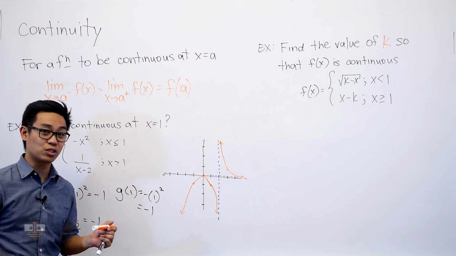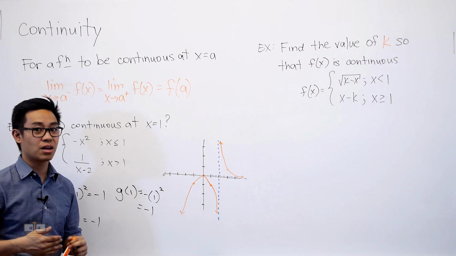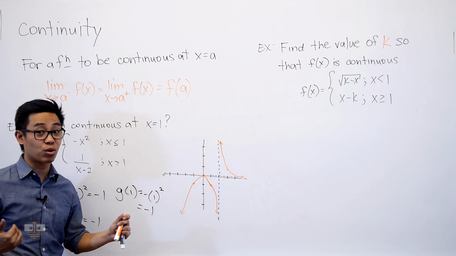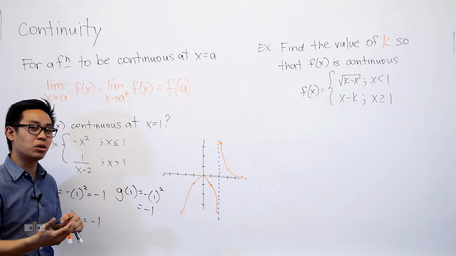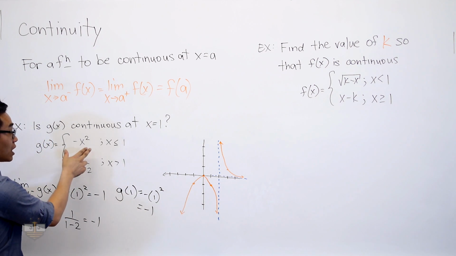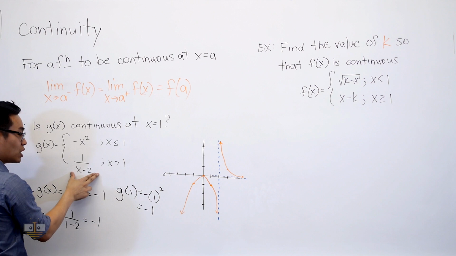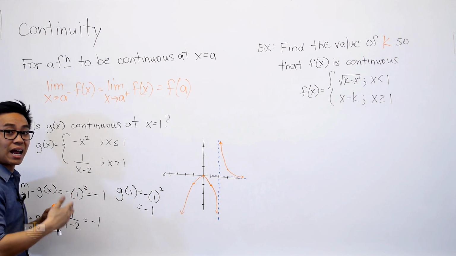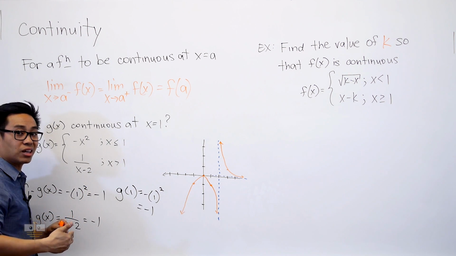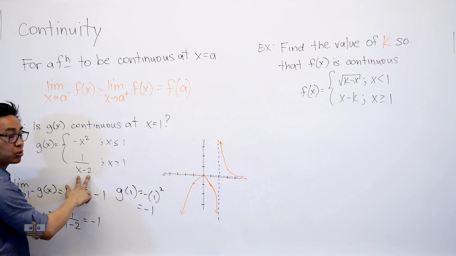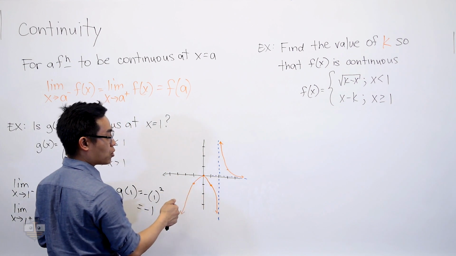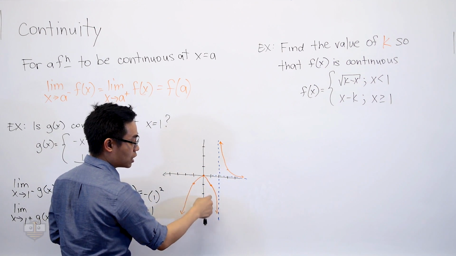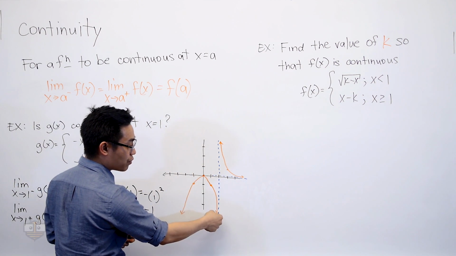Can I say that the function is a continuous function? That implies that it's continuous everywhere. We've only tested for x is equal to 1. It's not going to be continuous everywhere because this function here is a reciprocal function and it has an asymptote at x is equal to 2. That's a restriction there. So you can see that as you approach 2 from the left here, you get negative infinity.